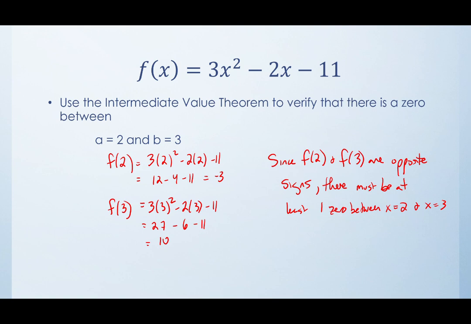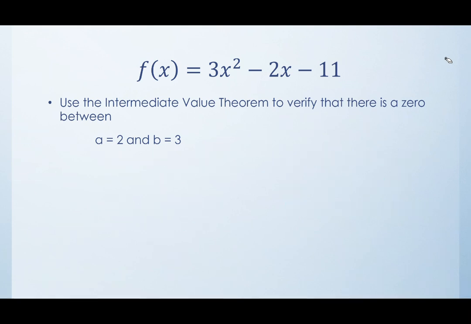Now, unfortunately, if the signs are the same, it doesn't tell you anything, right? Because you could try this x, and the sign's the same, and there's actually 2 zeros in there, right? So this theorem doesn't work the other way.